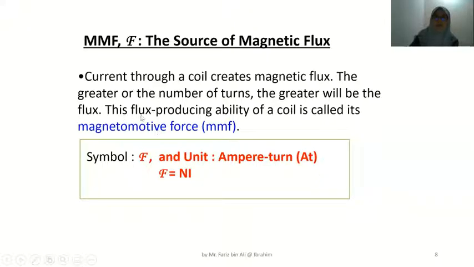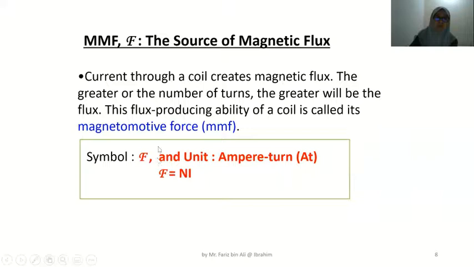So if you have more turns in the coil, it will give you more flux. This flux-producing ability of the coil is called the magnetomotive force, or MMF.